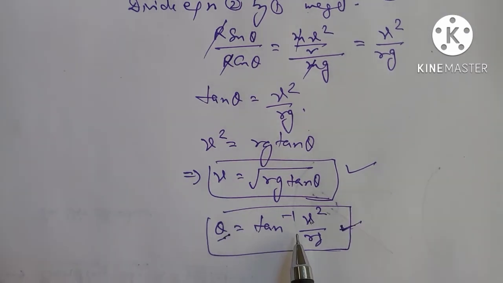From this relation you can see for a safe turn theta should be small. Theta will be small if v is small and r is large. Thus turning of the cycle should be at slow speed and along a track of large radius.